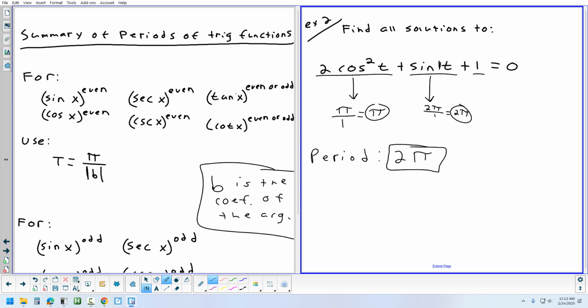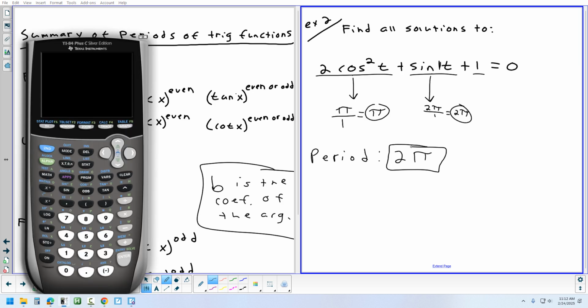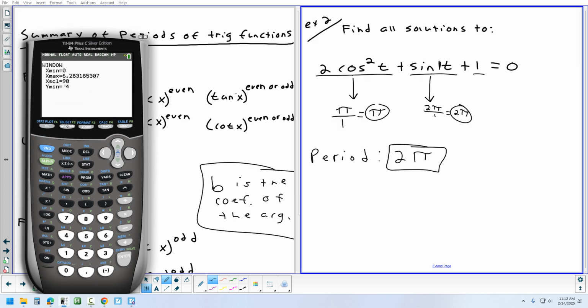Not every problem has 2 pi, but it's a pretty popular period. Any questions about how we know the period is 2 pi? So that tells you two things: how to set your window and what to put on the end of your final answer later on. We are already set up to go from 0 to 2 pi.